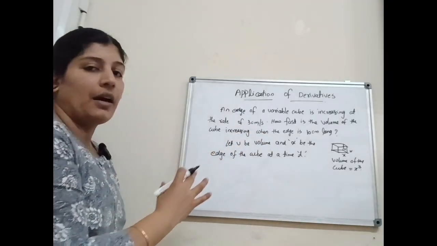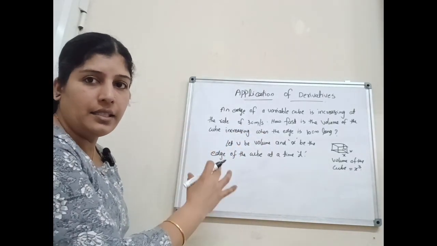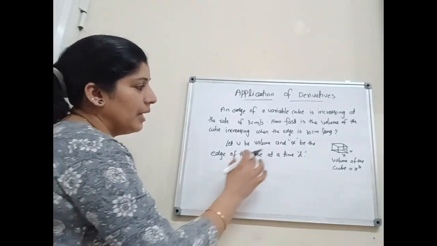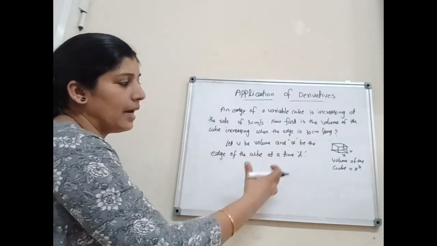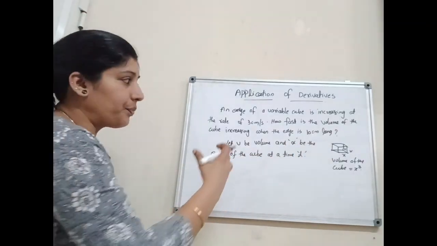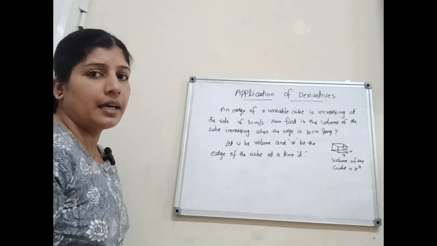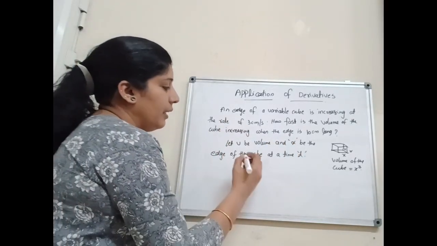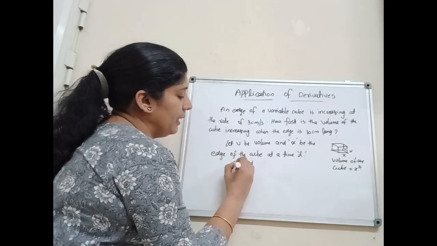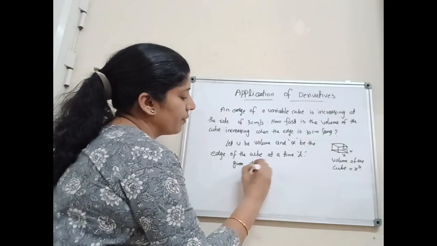That means we have to consider the rate of change of edge with respect to time. That is, dx by dt is given. Here dx by dt is equal to 3.